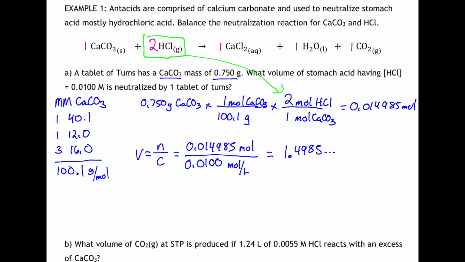So that's going to round to 1.50 liters of HCl. Lowercase l. So now we have our final answer, and we always want to make sure we're writing our final answer with the units we have, with what chemical I'm measuring, and the right number of sig figs.